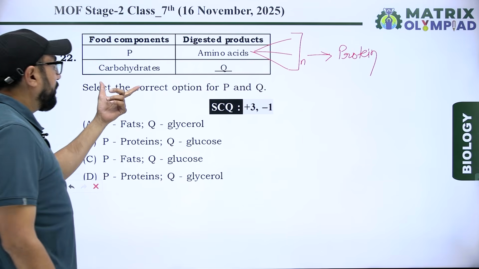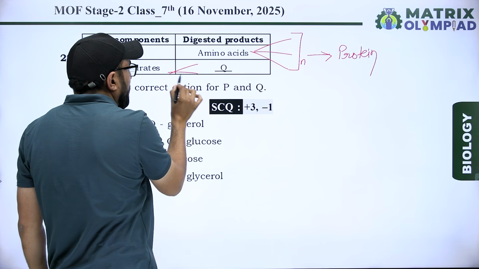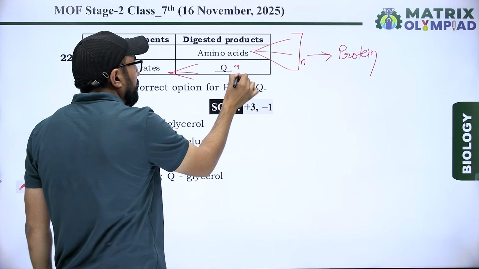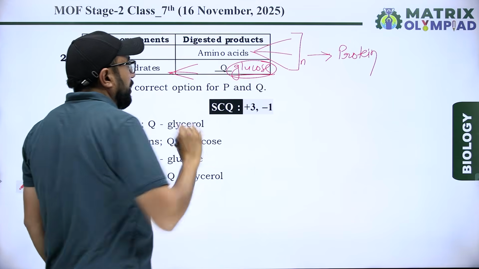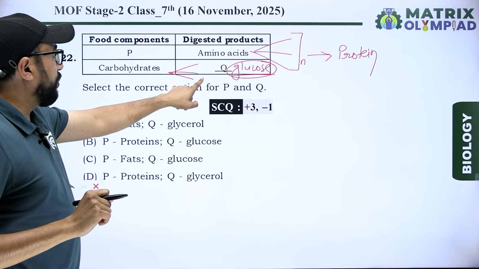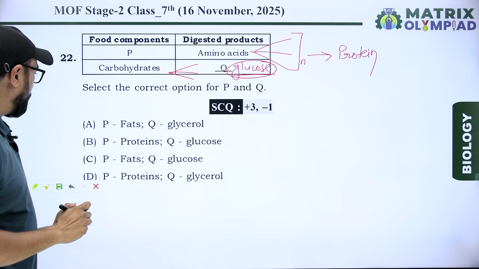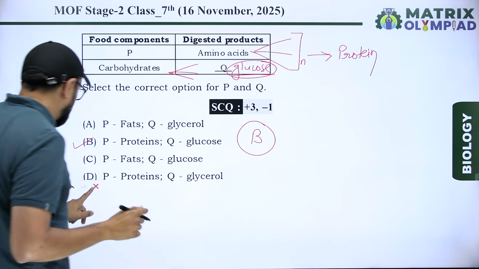Next, carbohydrate breaks down into simple glucose, so that is right. P, protein, Q, glucose. Option B is the right answer for this question.